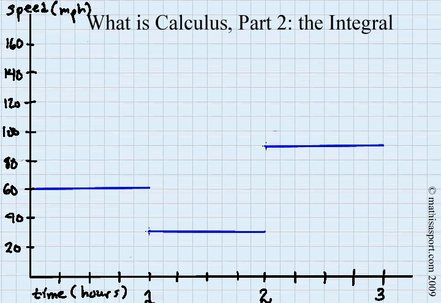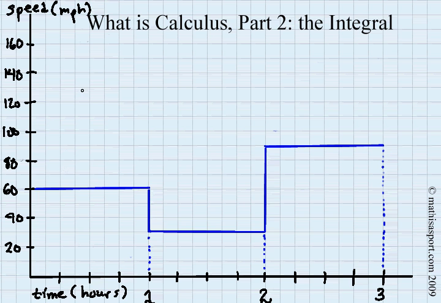So the question again is, if we take a look at these distances covered, and I'll connect the dots just to make it look a little more like rectangles, we see that we can model the area underneath the speed function as the area of these three separate rectangles.